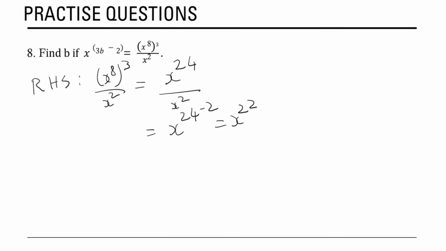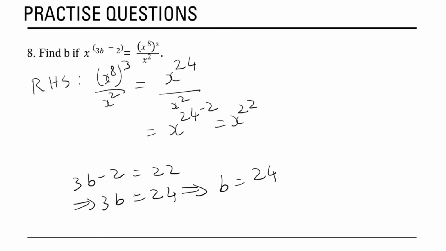So on equating the exponents on the left hand side and the right hand side, we get 3b minus 2 is equal to 22, or 3b is equal to 24, implies b is equal to 24 by 3, which is equal to 8.